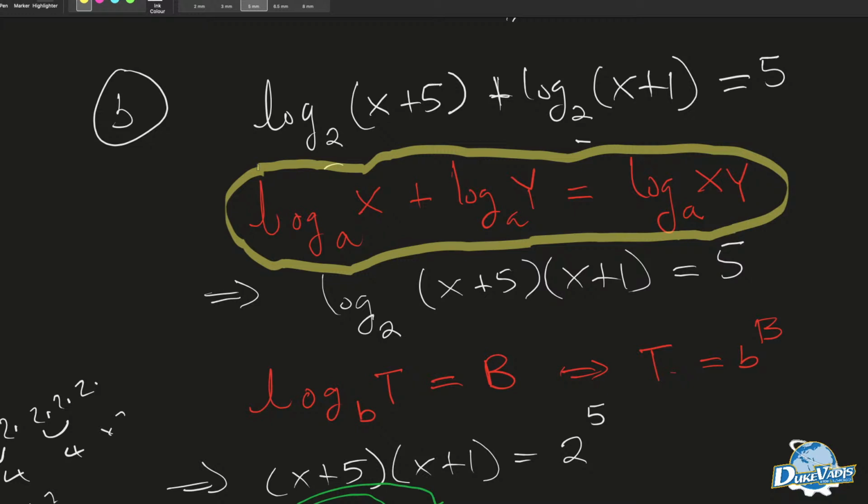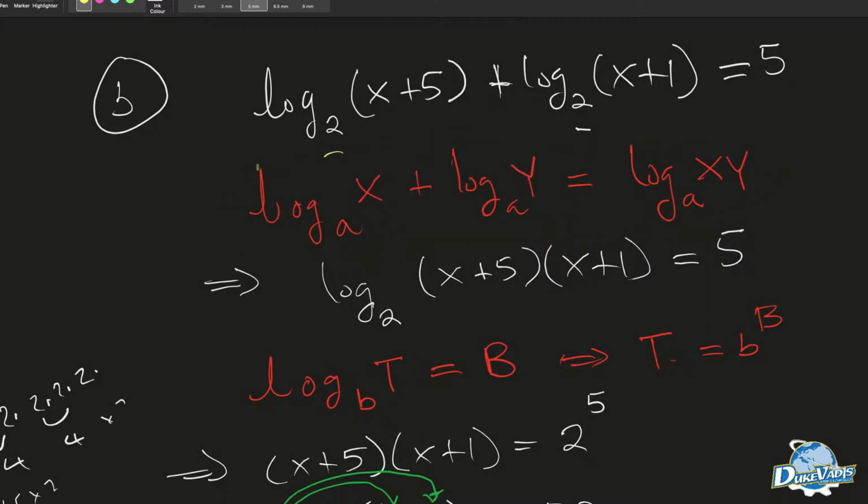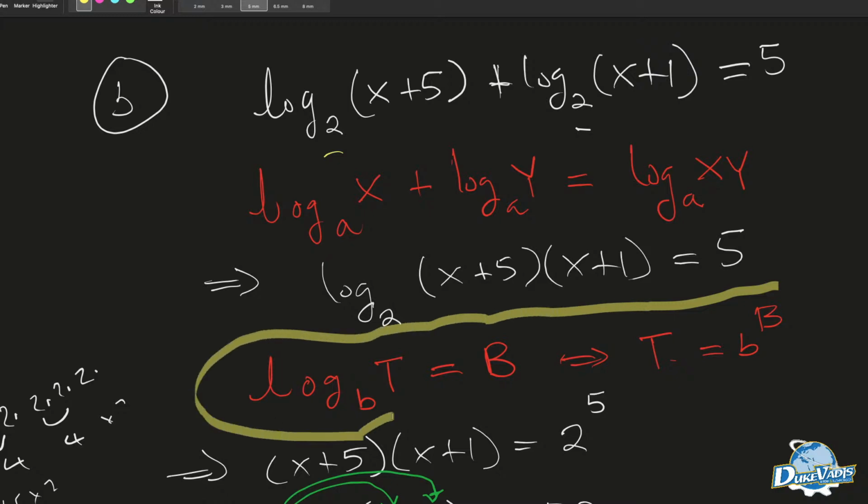So our concentration lied on the path of log to the base a of xy. That is why, instead of that, we say log to the base 2 of (x + 5) multiplying (x + 1) is equal to 5. After that we also apply one more principle that we see all the time when we're doing logarithm.